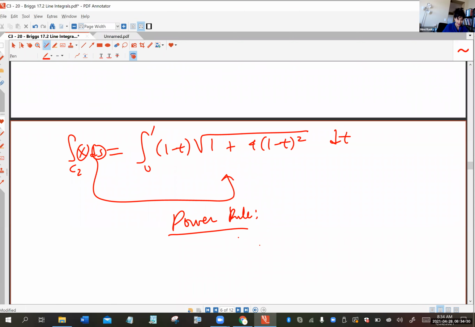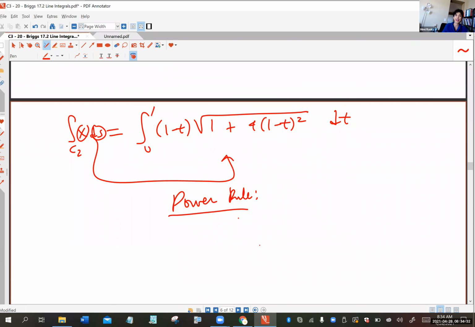Really? Yeah. It doesn't always happen where you get lucky where these line integrals work out with this horrible radical. But this one does. If you let u be the radicand, trust me. What's du? Well, using the chain rule, we're going to have 8 times (1 minus t) to the 1 times -1 dt.